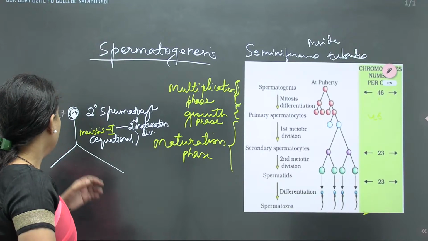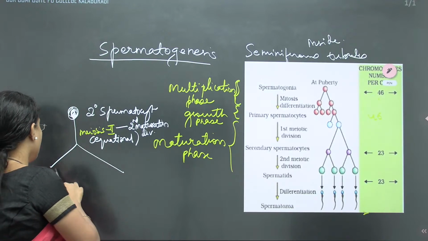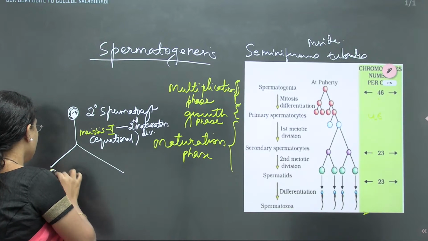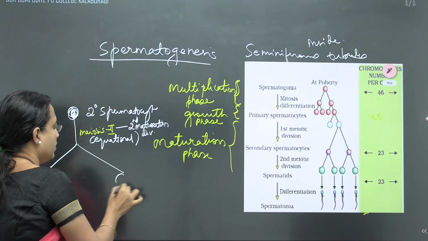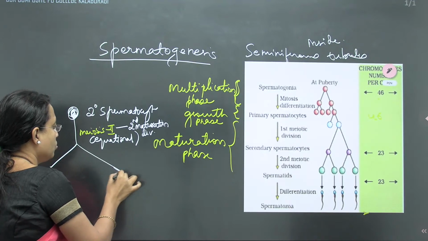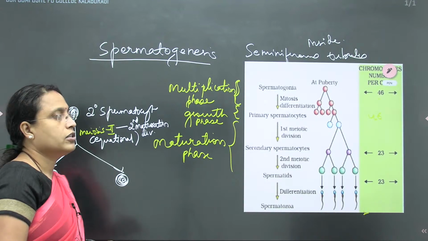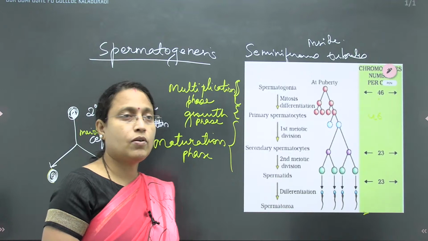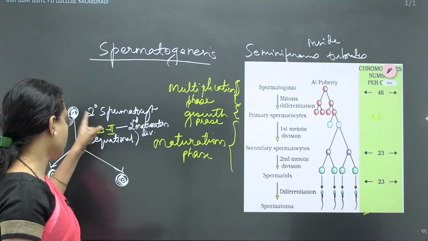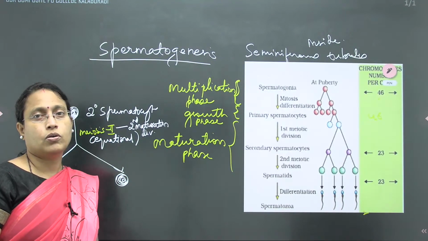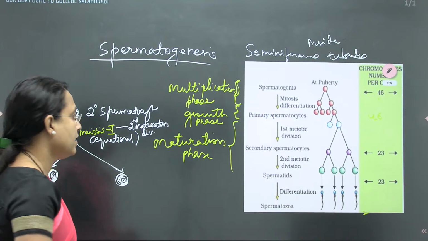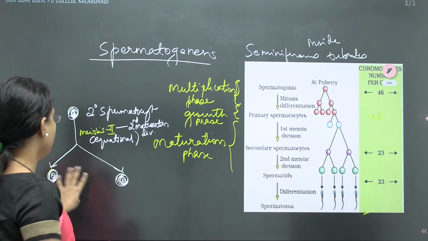Got it? Now this secondary spermatocyte will again give rise to two daughter cells by equal division, and they are called spermatids.